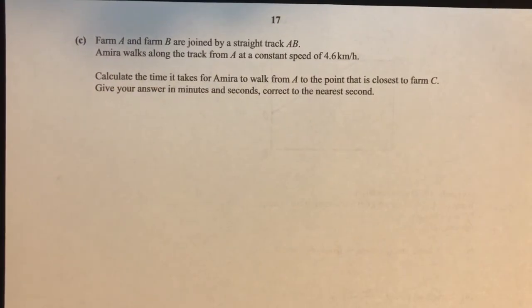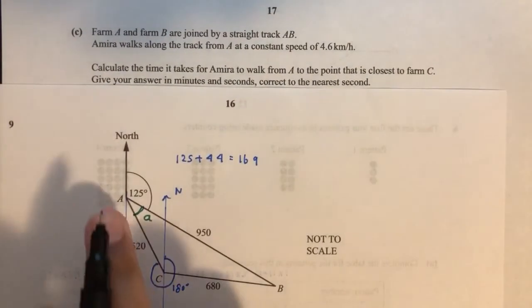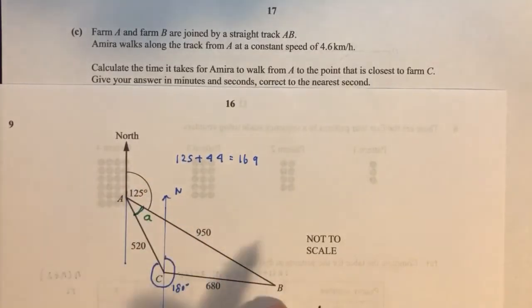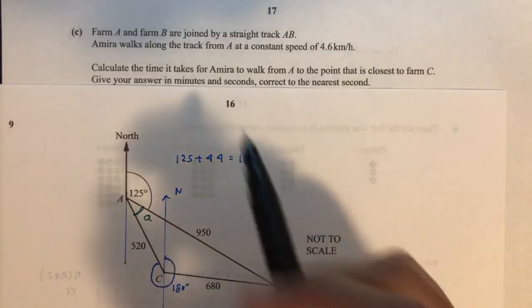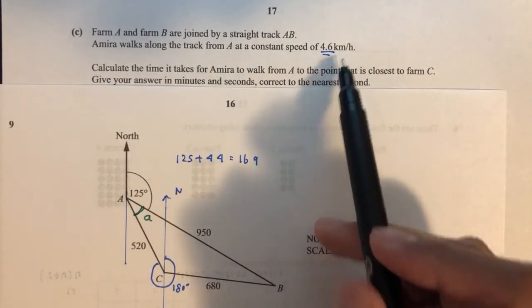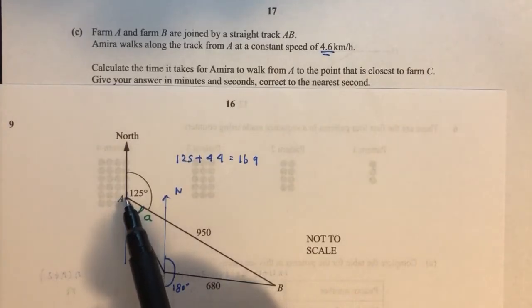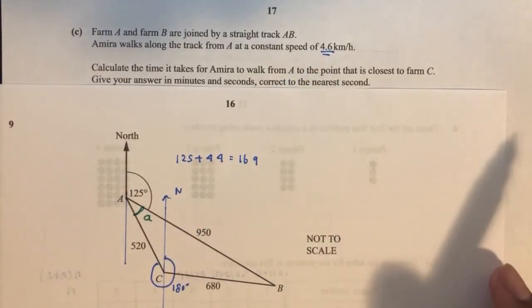So farm A and farm B are joined by the straight track AB. As you can see here, we have a straight track AB joining farm A and farm B. Now Amira walks along the track from A at a speed of 4.6 km per hour. So she was walking from A on this line at 4.6 km per hour.